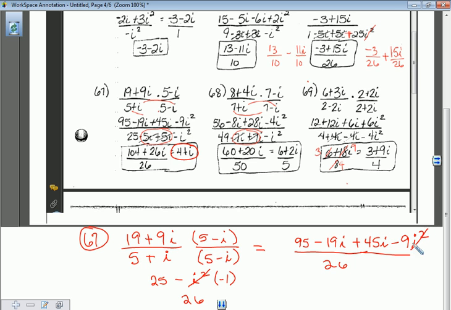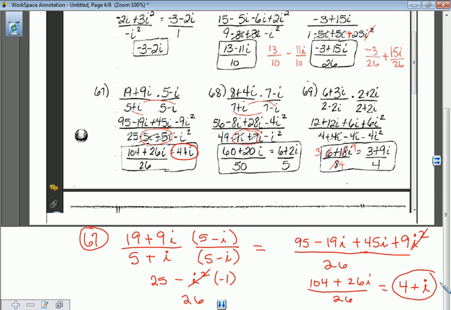The i squared is like multiplying by negative 1, so it changes the sign. So 9 plus 95 is 104. 45 minus 19 is 26i over 26. Now, 26 actually does divide into 104 evenly, because it goes in there 4 times, and 26 divides into 26 1 time. So this simplifies to 4 plus i.